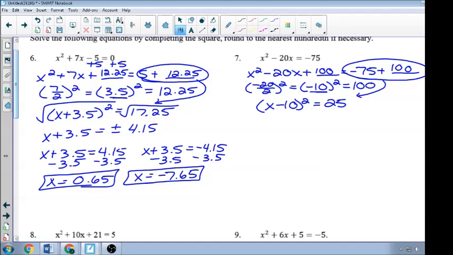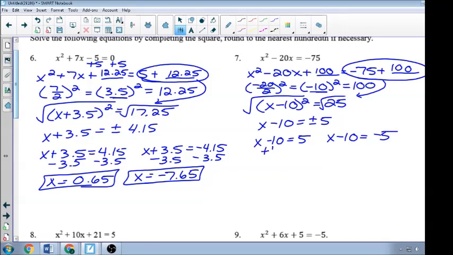At this point, I can go ahead and take the square root of both sides. So x minus 10 equals plus or minus 5. X minus 10 equals positive 5, and x minus 10 equals negative 5. Add 10 to both sides. X equals 15. Add 10 to both sides. X equals 5.